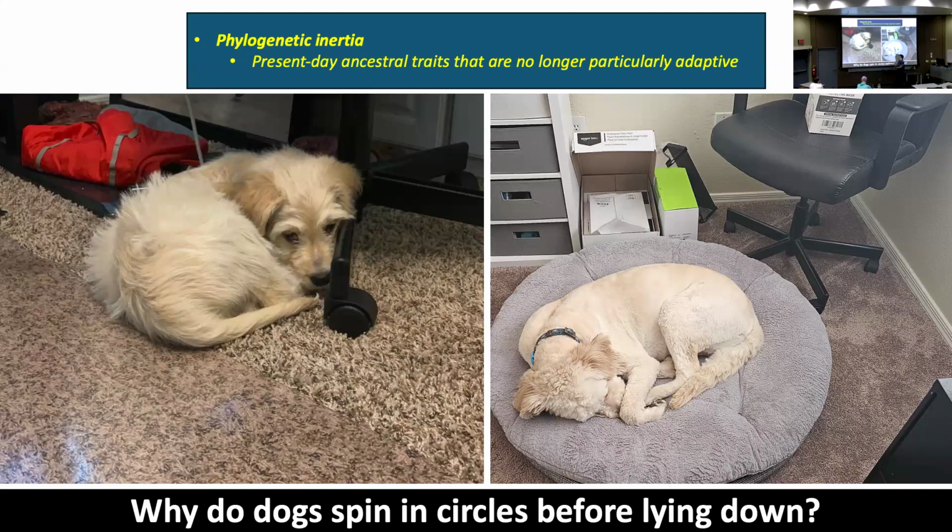And so the thought is that dogs now continue to do that, even though they aren't actively looking for a safe space to lay down. It's just hanging around. It is not that costly. For one, these are artificially selected, and so there's not really a mechanism for it. No one's saying, wow, this dog spins too much, I'm not going to breed them.